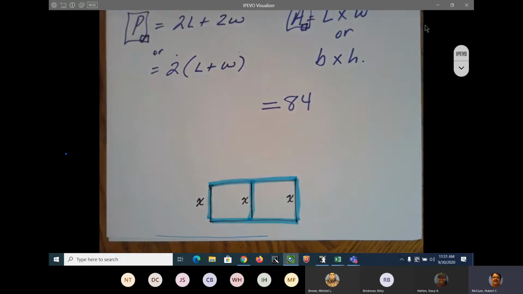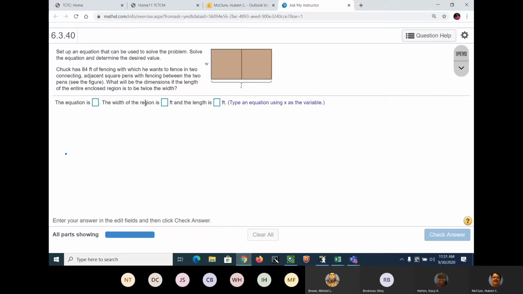Now let's read the rest of the problem. What will be the dimensions if the length of the entire enclosed region is to be twice the width? So the length is equal to 2x. And then that means this down here is equal to 2x.